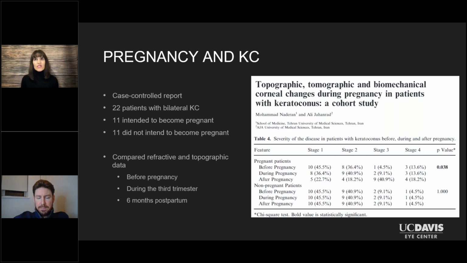And very interesting, just talking to different patients about this, it's not really out there, and so that's why we want to include it in tonight's lecture, that if you have a patient who has keratoconus and they're female of childbearing age, you really want to stabilize that cornea as soon as you can.